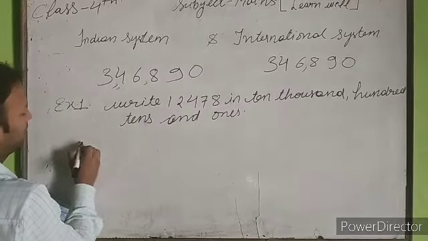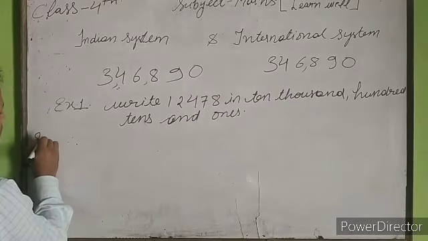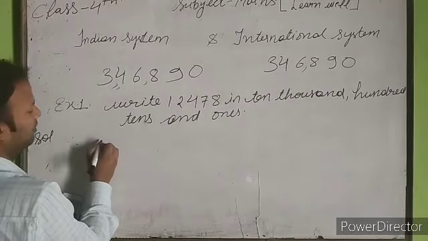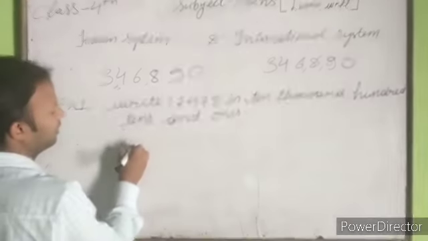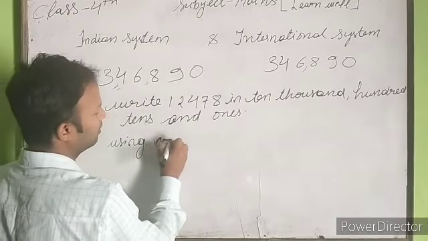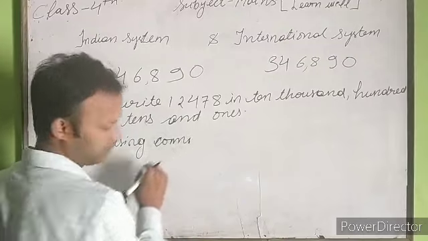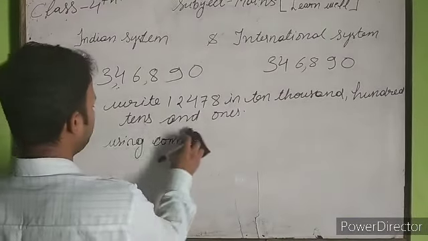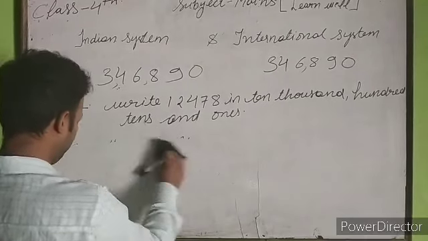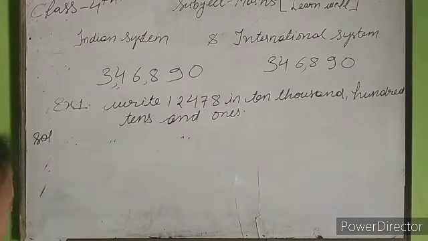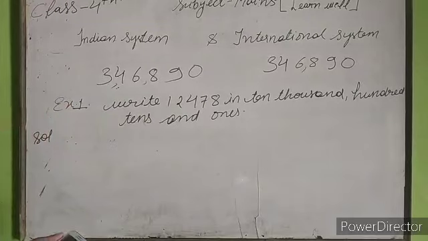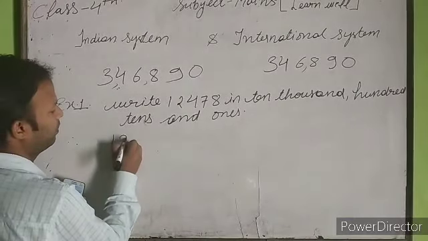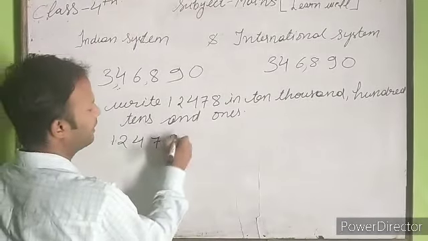First, you will write the number 1 2 4 7 8.